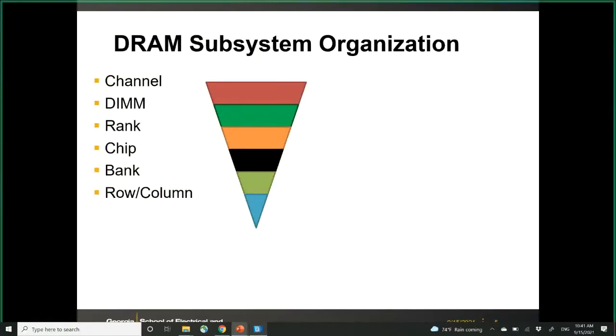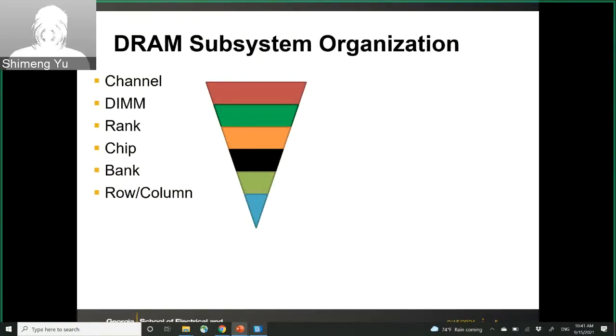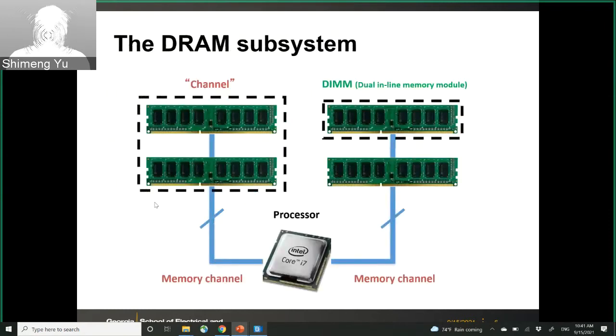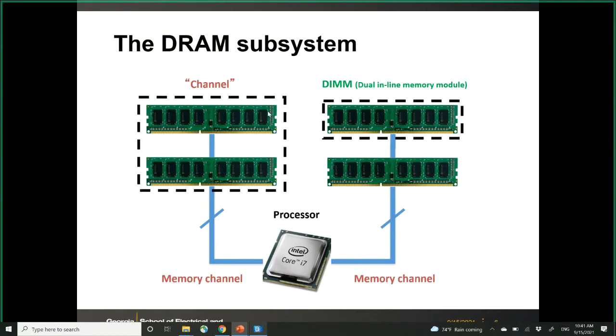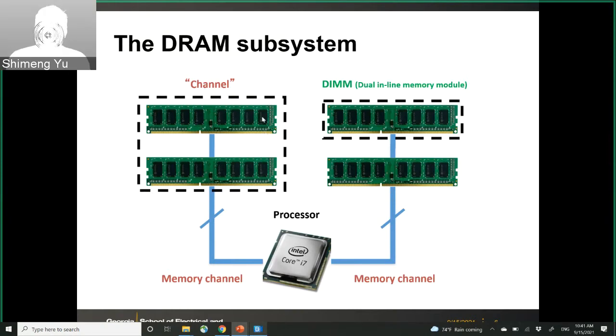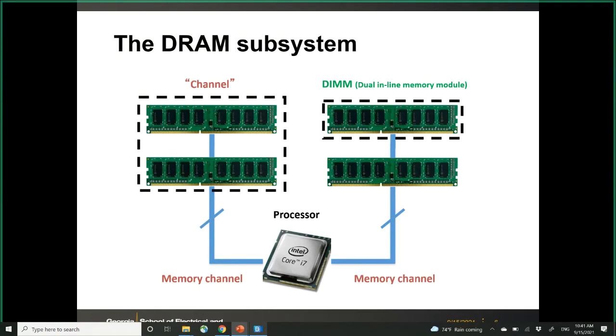And then let's look at the DRAM subsystem organization. There is a hierarchy within the DRAM subsystem. On the top will be the channel, on the bottom will be the memory array rows and columns. Let's look at what this means. If you look at DRAM, I believe all of you have seen this kind of DIMM. This is a dual inline memory module, essentially a circuit board.